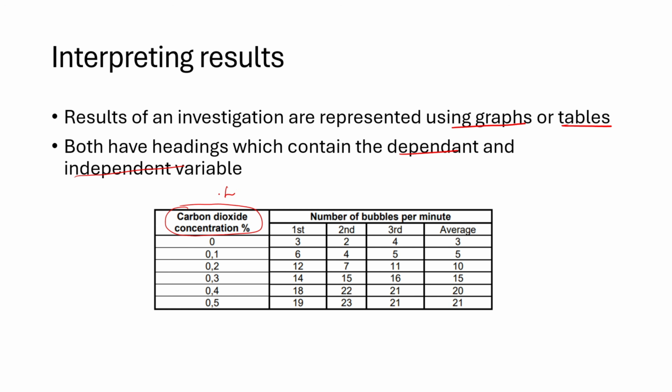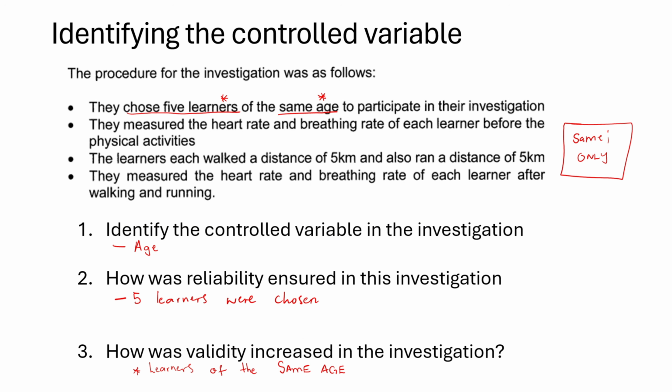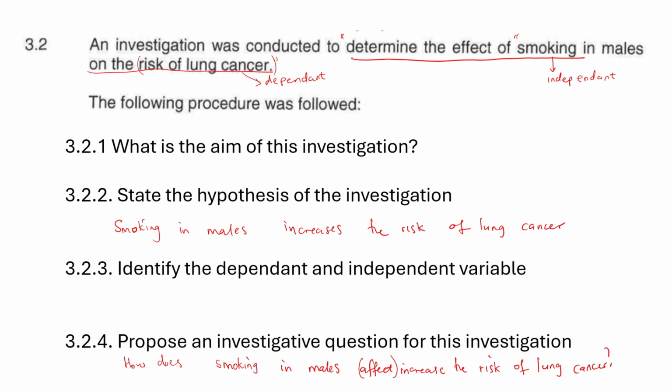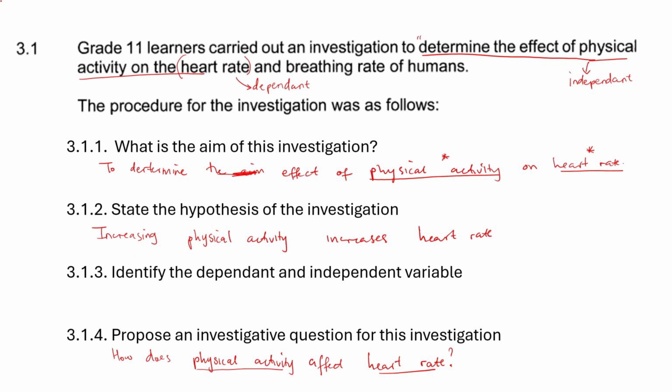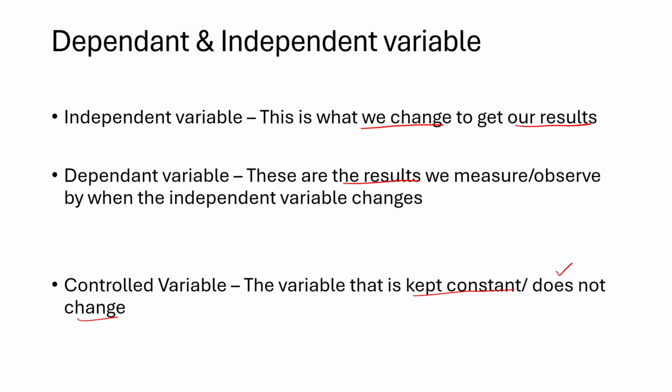The left side is always the independent variable, and the right side is the dependent variable. So in this case, our independent variable is the CO2 concentration, and the dependent variable is the number of bubbles per minute. But I recommend you identify the dependent variable and independent variable from the opening statement, the opening paragraph, not from the table.